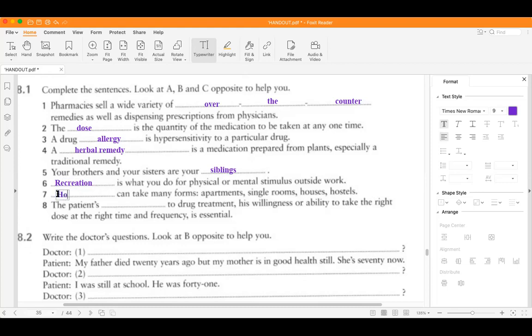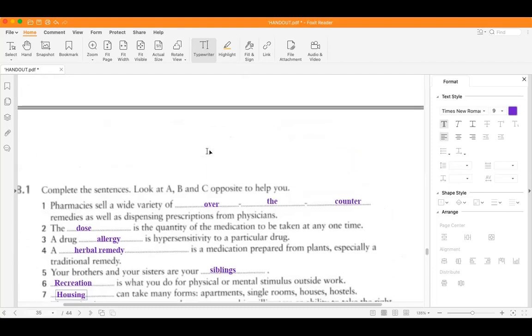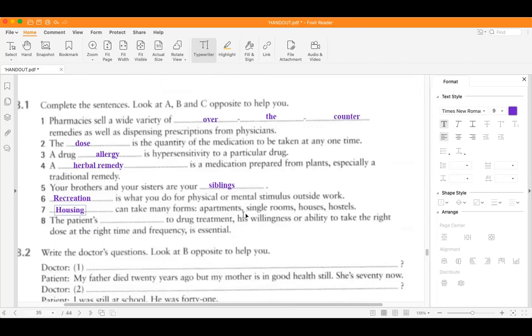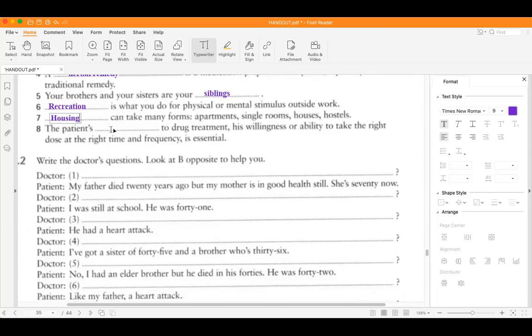The answer here is housing. Like here, occupation, housing, and personal habits. The patient's adherence to drug treatment, his willingness or ability to take the right dose at the right time and frequency is essential. So here, the patient compliance.